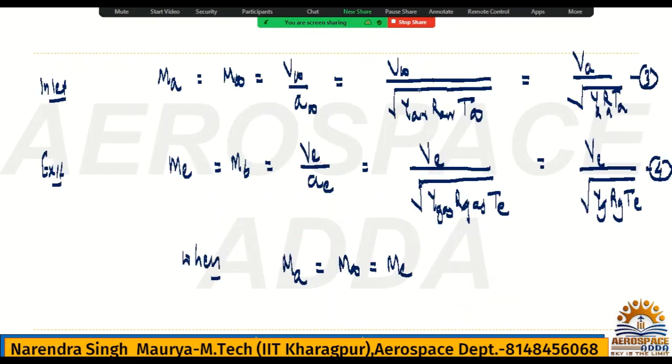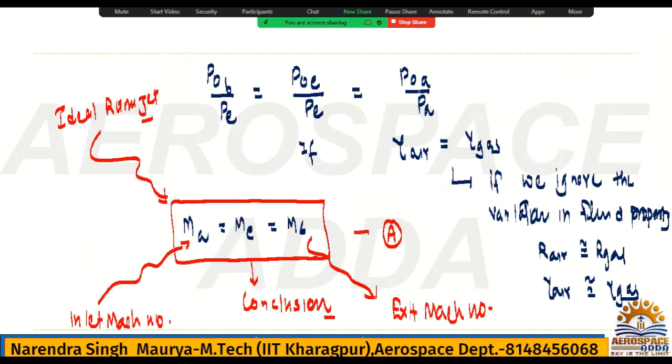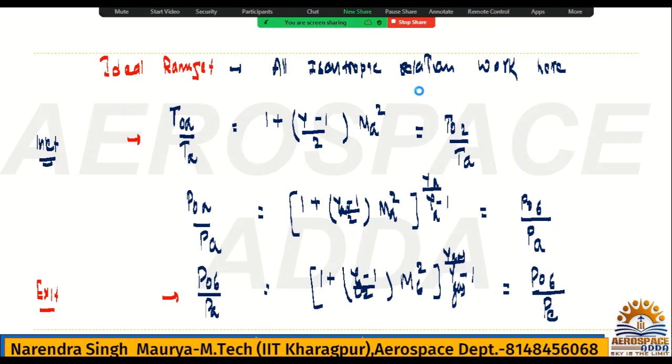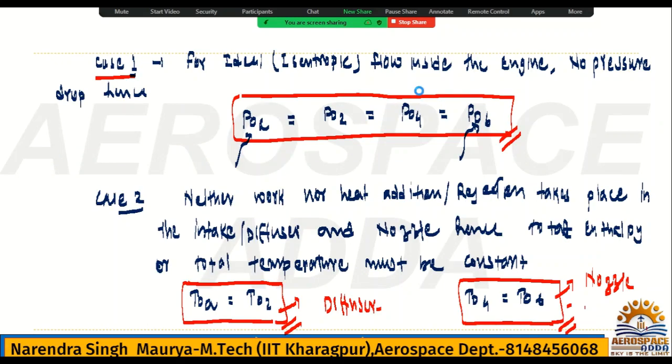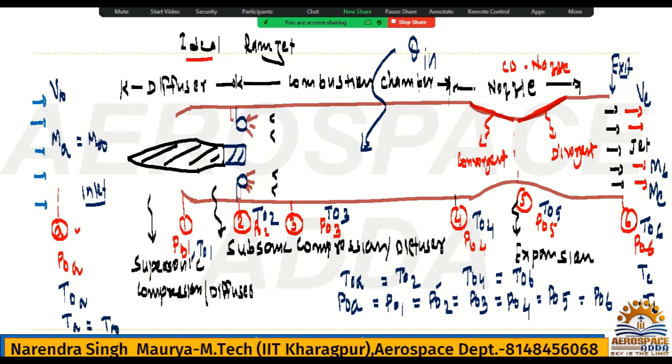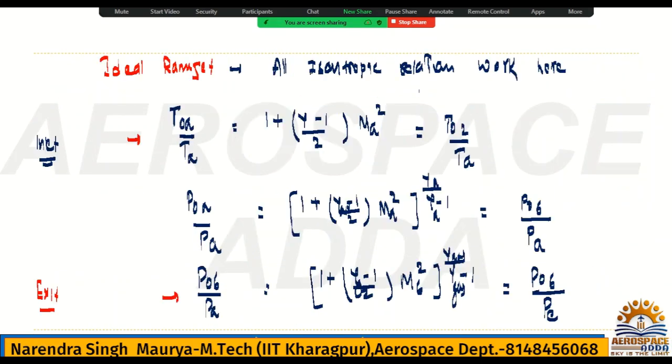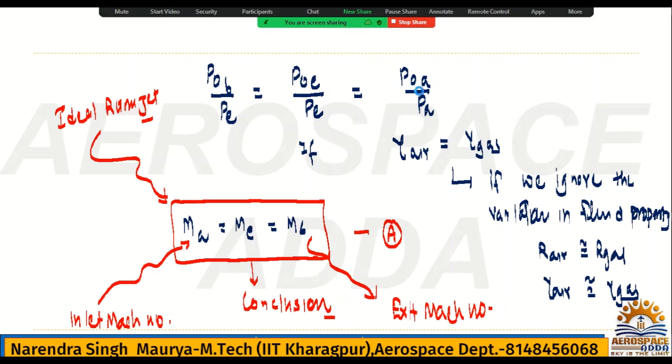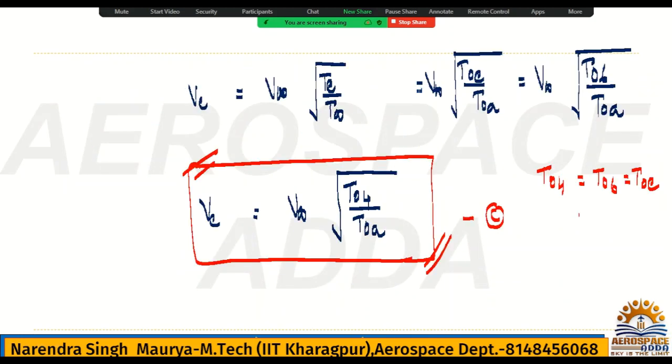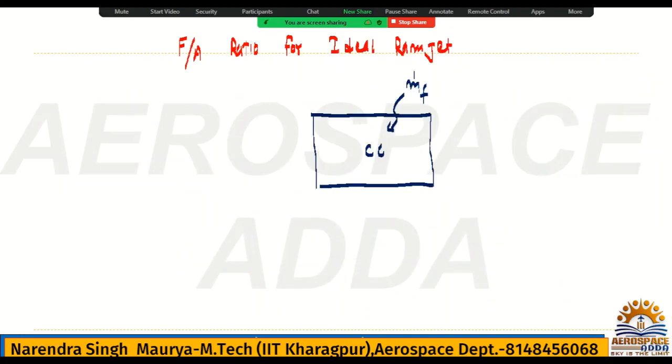If you check, the combustion chamber station number is not 2 and not 4, no? So I must say here, this is not 2 and this is not 4.